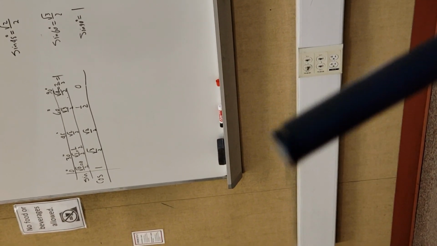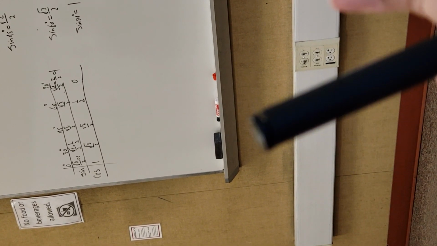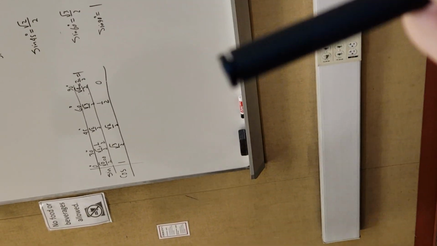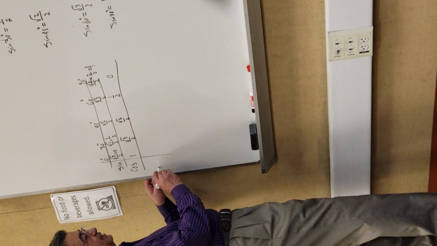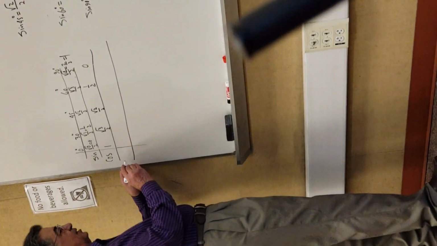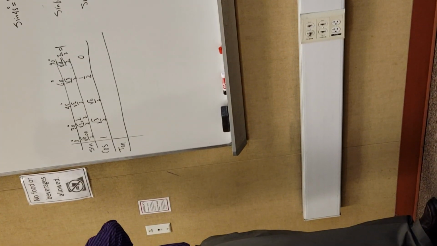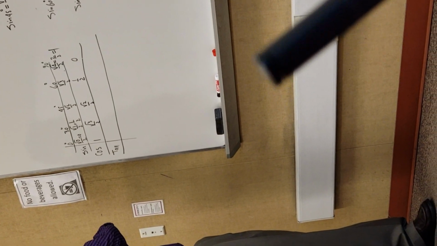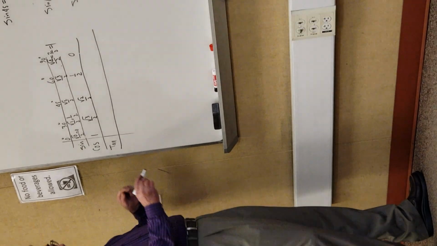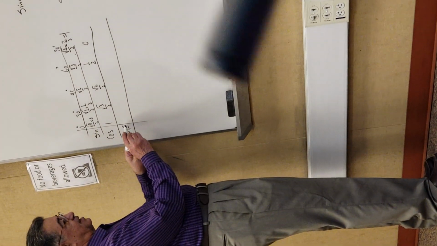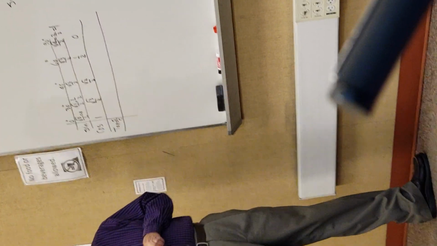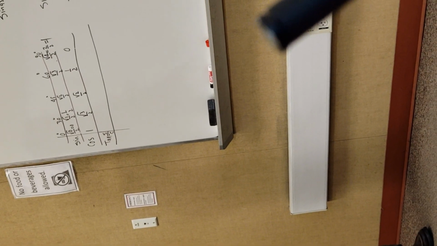I switched the order. Then it turned out I got greedy, and I said, I want to also find the tangent. How do I find the tangent? Sine over cosine. Just divide the sine by cosine, you get it.